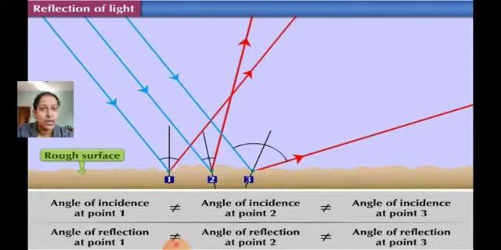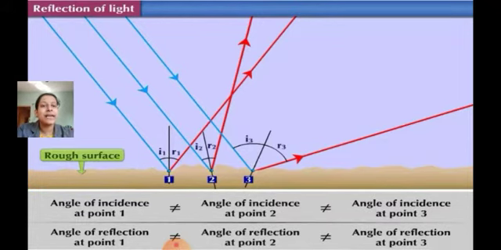None of them are equal, because if you draw the normal at that particular point, you will find that the angles of incidence are all different from each other. Therefore, I1 is not equal to I2 is not equal to I3. Because of this, the angle of reflection at point 1 is not equal to the angle of reflection at point 2, and also not equal to that at point 3.